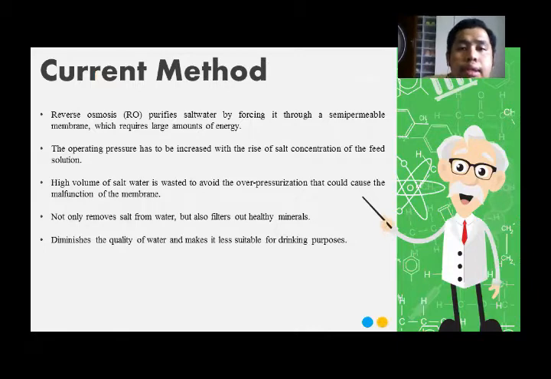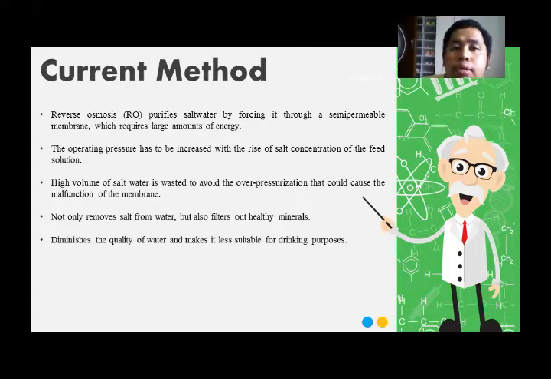The current method of reverse osmosis purifies the salt water by forcing it through a semi-permeable membrane, which requires a large amount of energy. The operating pressure has to be increased with the rise of the salt concentration of the feed solution.